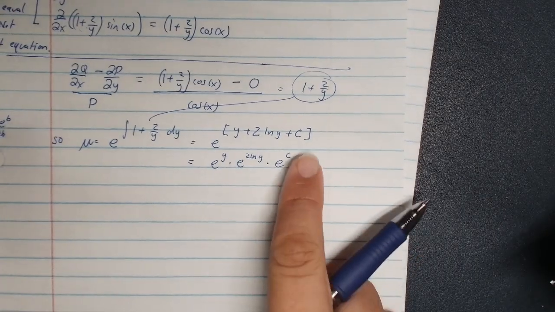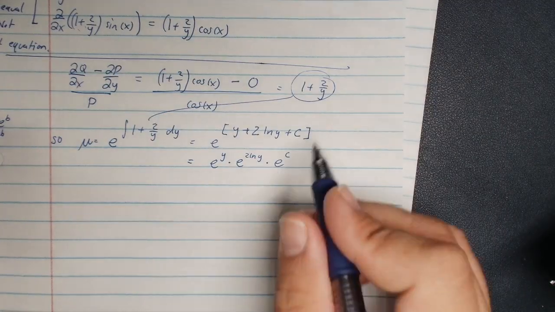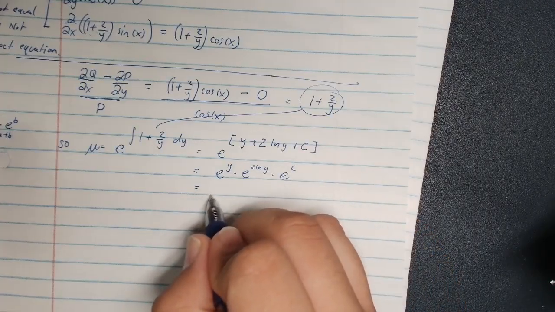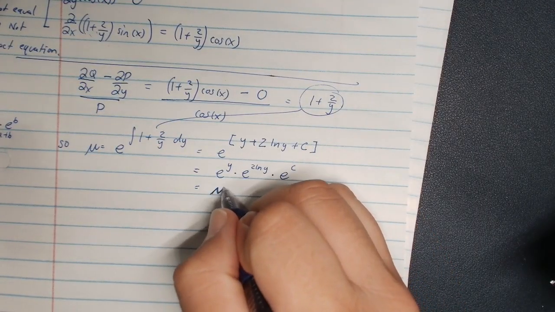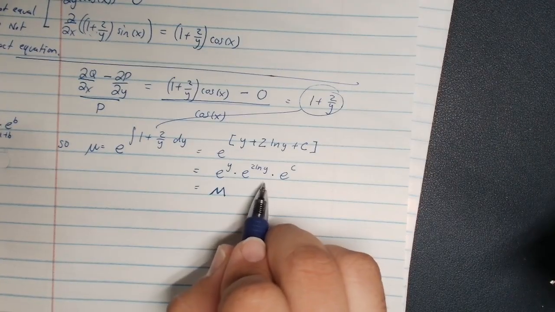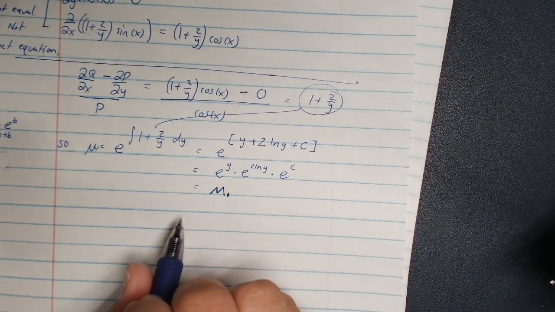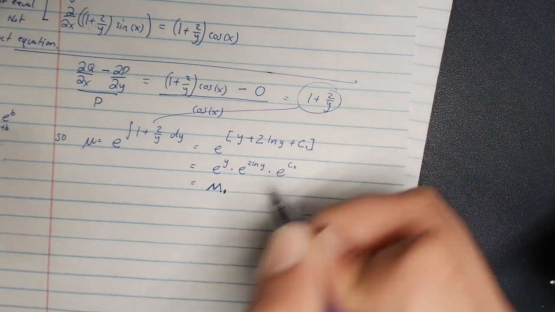So this itself will be just a number. Since it's being multiplied, I like to call it m. If you want to call it c, you can, but I'll call it m. Let me call it M1, since there might be other M's later. In fact, I probably should have called that one C1 as well, since there may be other C's later.